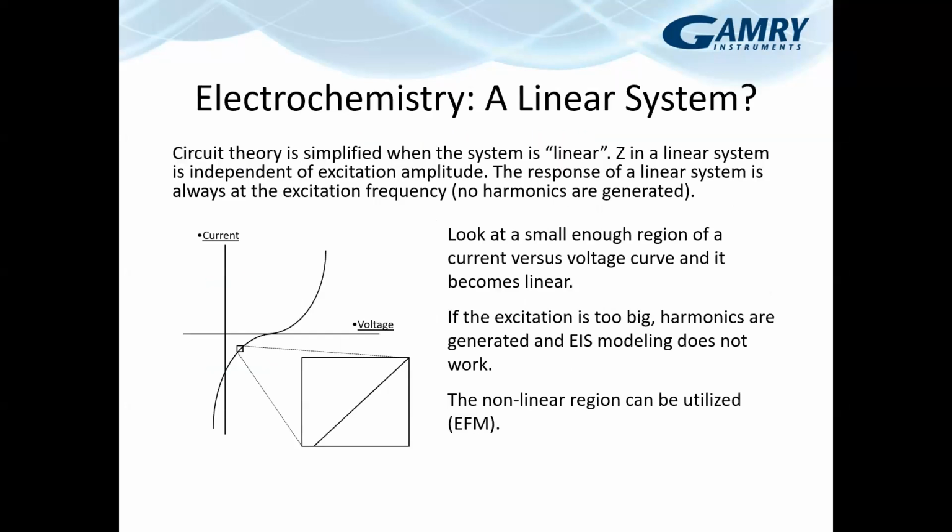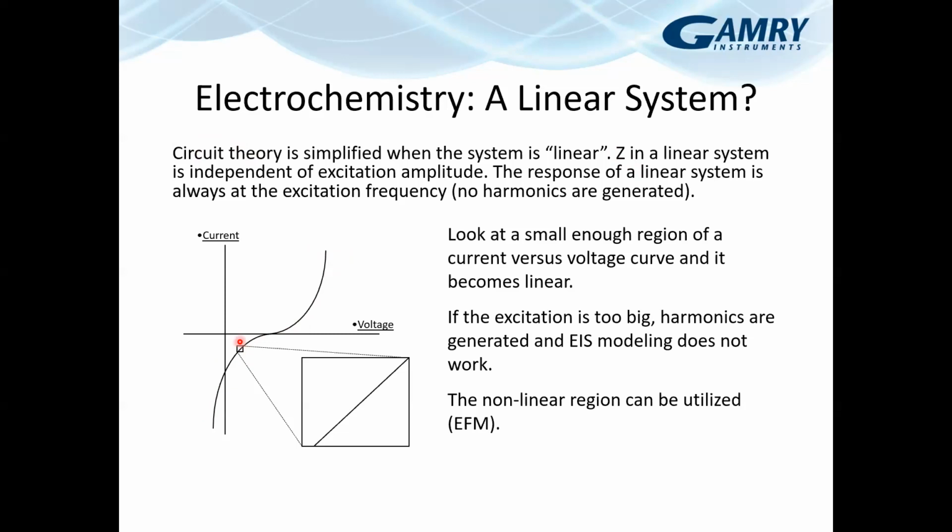Electrochemistry is not linear, but circuit theory is simplified and actually requires the system to be linear. The impedance in a linear system is independent of the excitation amplitude, and the response of a linear system is at the same frequency as the excitation frequency. But electrochemistry is not linear.